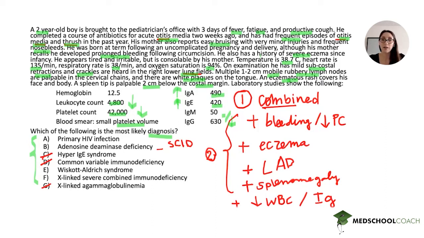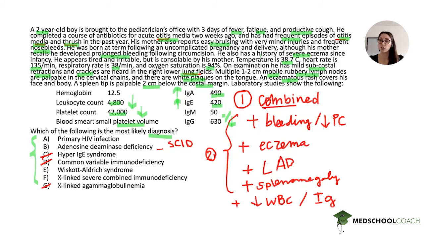So here, the constellation of these findings of a combined picture in addition to bleeding, thrombocytopenia, eczema, and these other features, even without these other features, just the combination of these first 3 things is consistent with Wiskott-Aldrich syndrome.